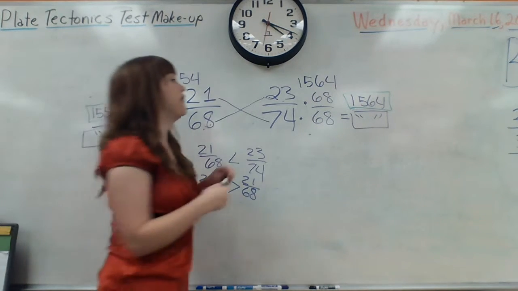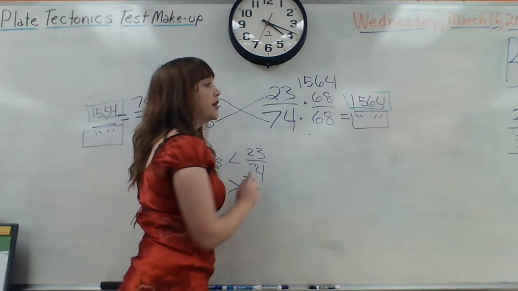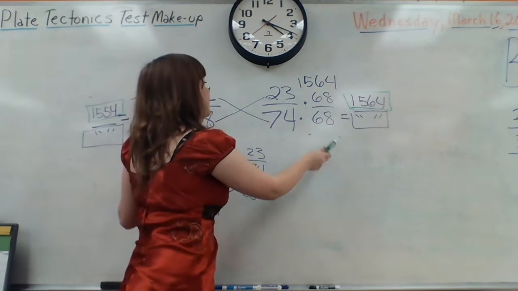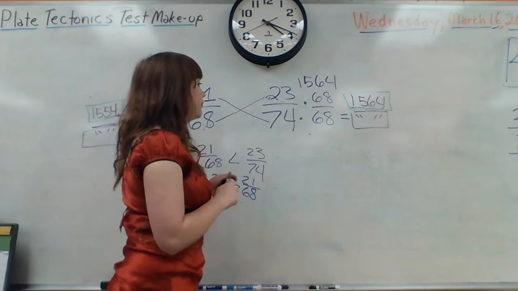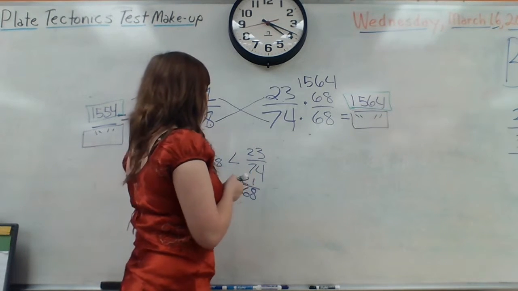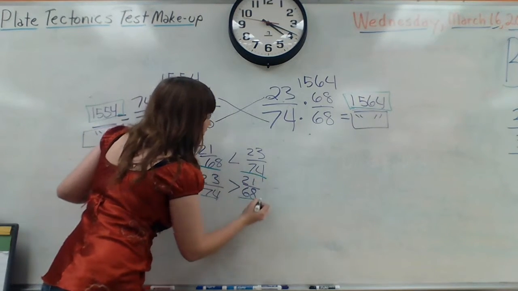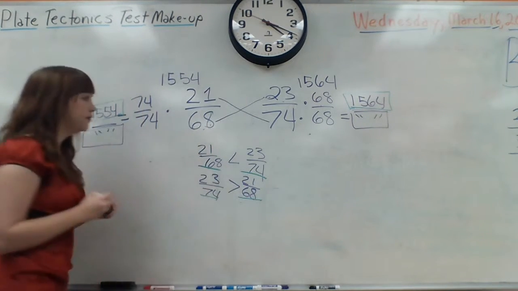So, because we have more copies of our unit fraction in the numerator, this is our larger number, and this is our larger fraction. So we get the same results as we did using the cross multiplication method.